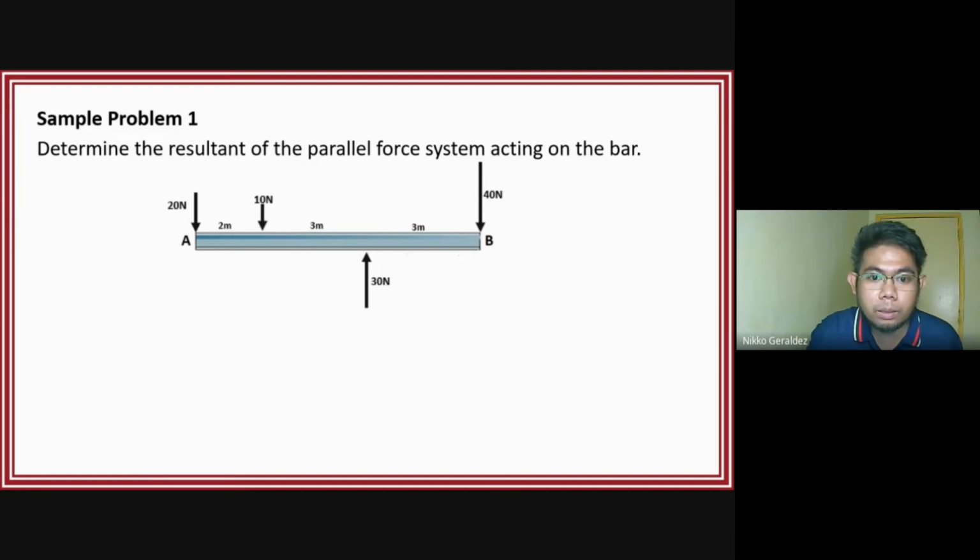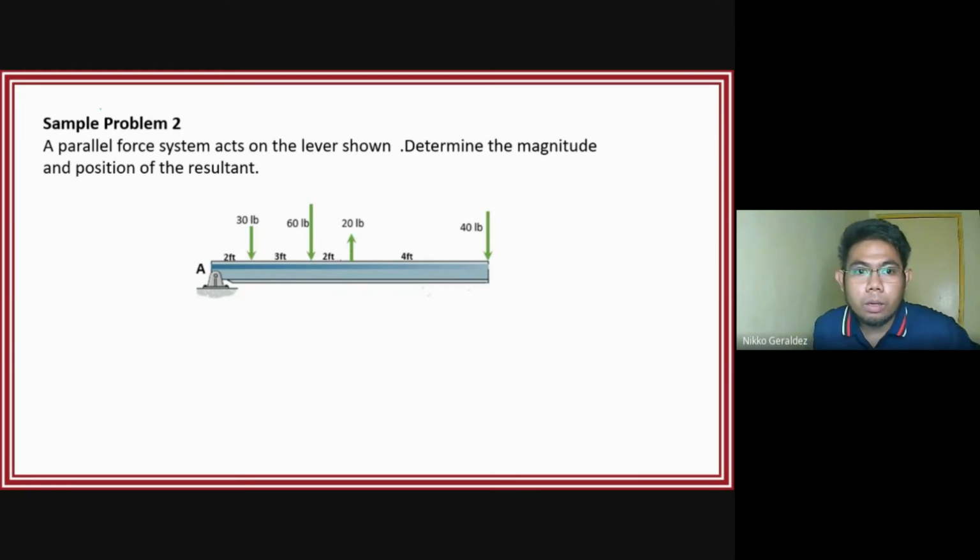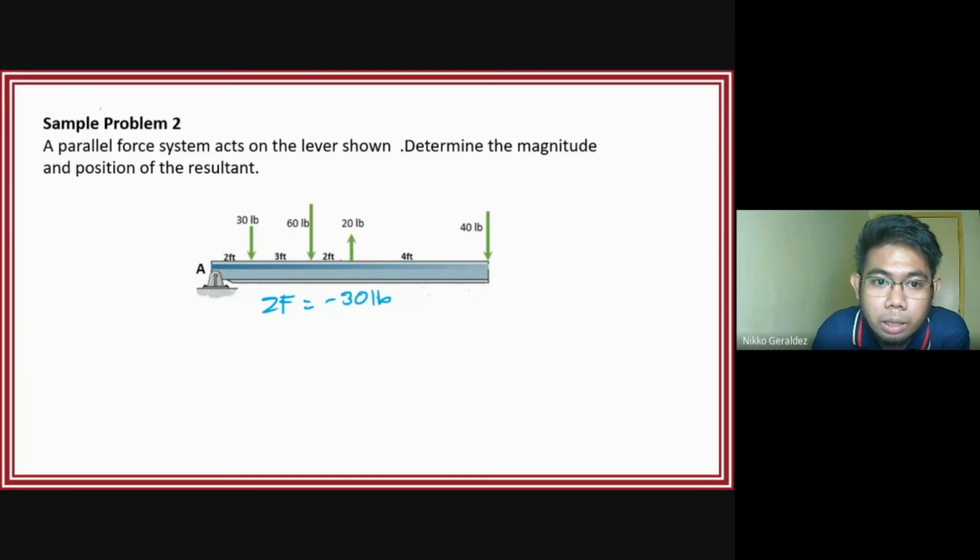Another example. Ito. So, a parallel force system acts on the lever shown. Determine the magnitude and position of the resultant. So, una, solve natin resultant force. So, summation of forces, so equal to 30 pounds, negative 60 pounds, 20 pounds upward, so plus, then 40 pounds downward, so that is negative 40 pounds.